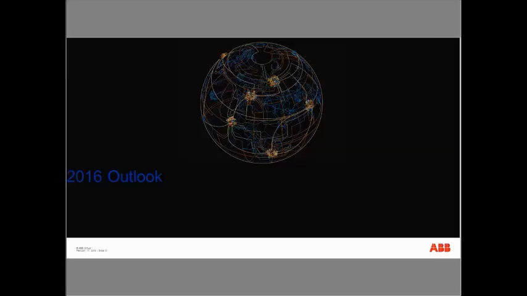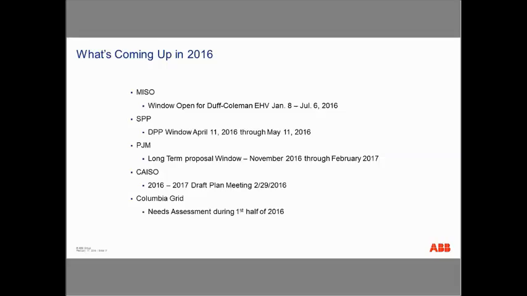So what's going to happen in 2016? Well, lots of things. Hopefully, my team will win a championship in some sport. But as far as transmission planning, there are several things going on right now related to economic transmission.